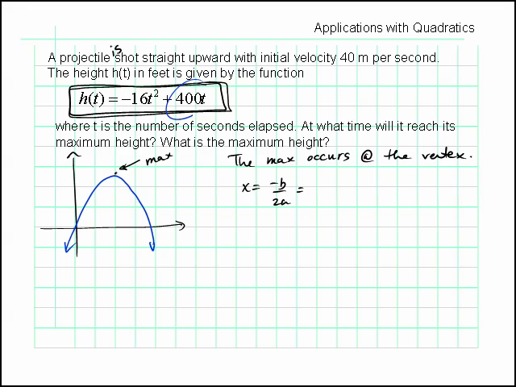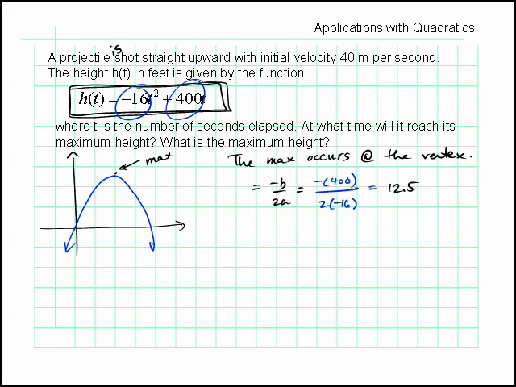Up here, b is 400. A is negative 16. And I'm going to get a decimal approximation to that. 400 divided by 32. Oh, well, it's 12.5. 12.5 is our x value. Actually, it's a t, isn't it, here? Let me fix that.